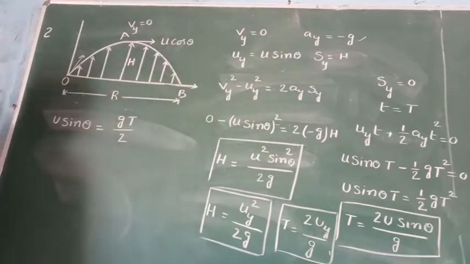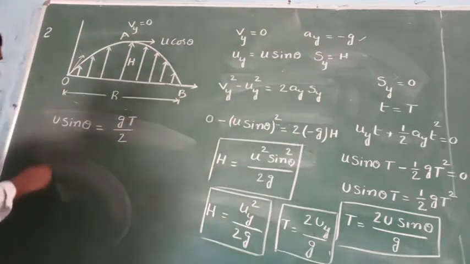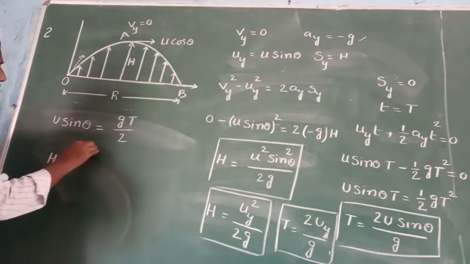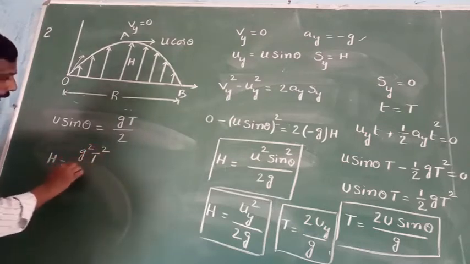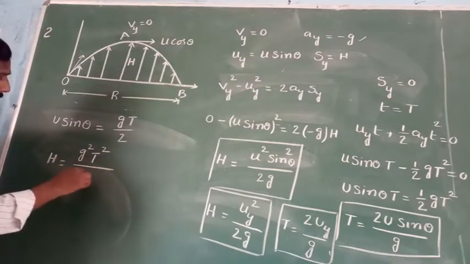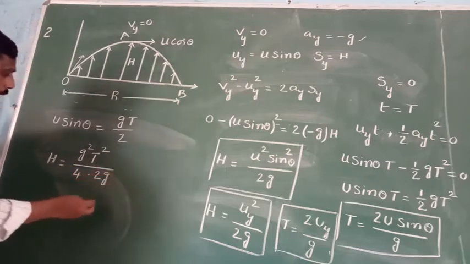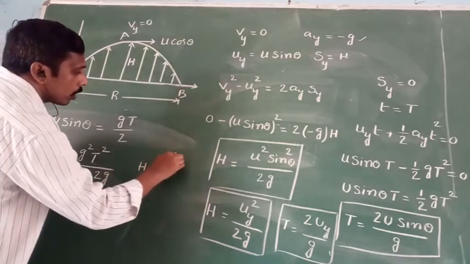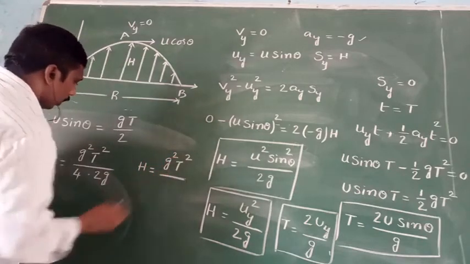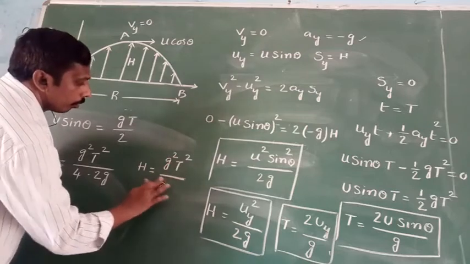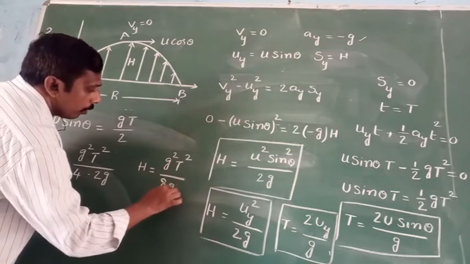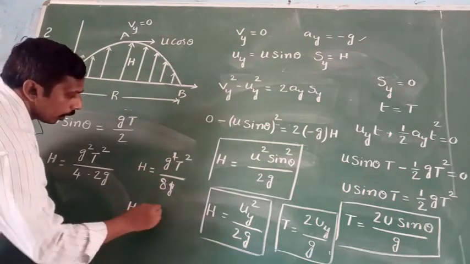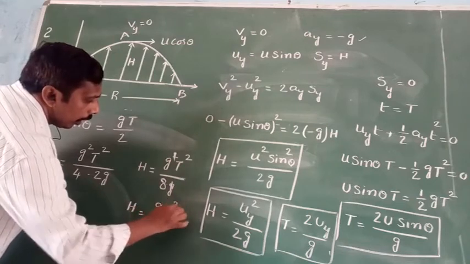You substitute this in the maximum height equation, then h is equal to g square t square by 4 into 2g, so h is equal to g square t square by 8g. The g's get cancelled one time. Maximum height h is equal to g t square by 8.